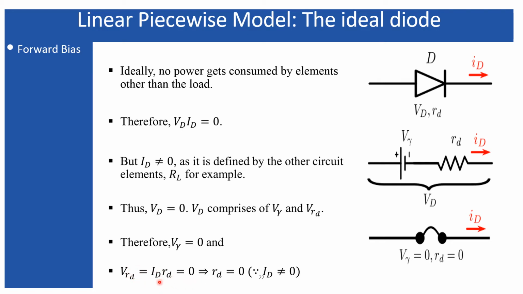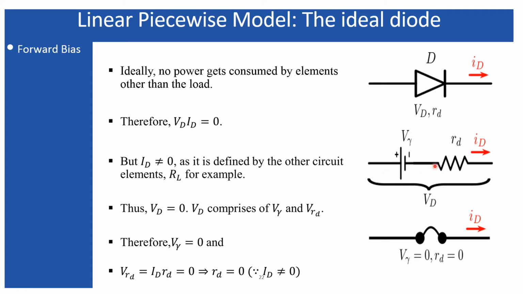Now this being 0 means, as ID is not equal to 0, RD must go to 0. And RD equal to 0 means a resistance of 0 signifies a short circuit across it. So a voltage source equal to 0 means a short circuit across the voltage source, and a resistance equal to 0 means a short circuit across the resistance.